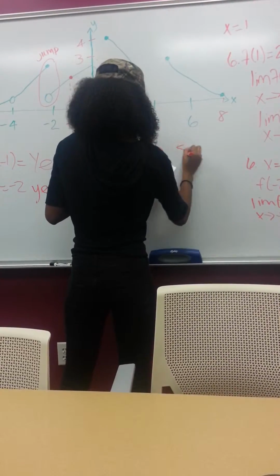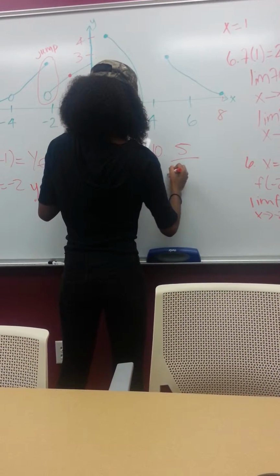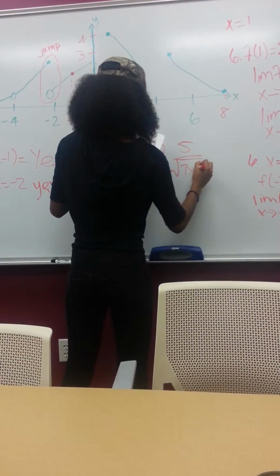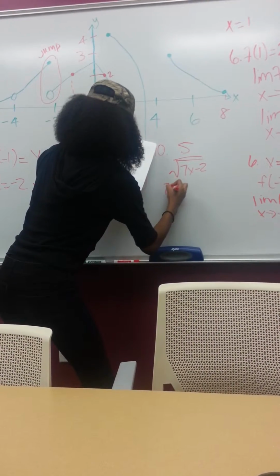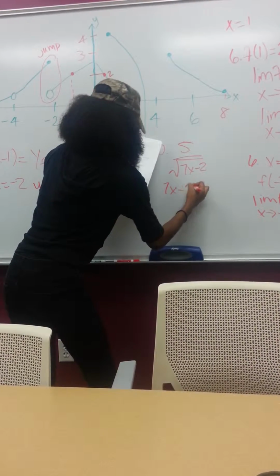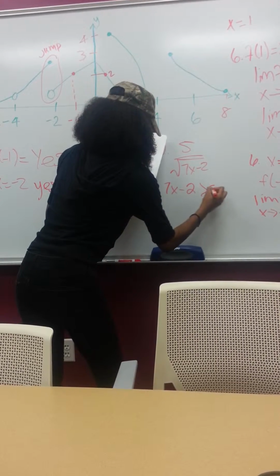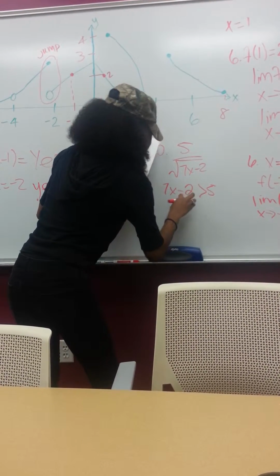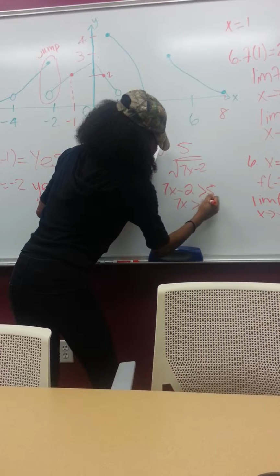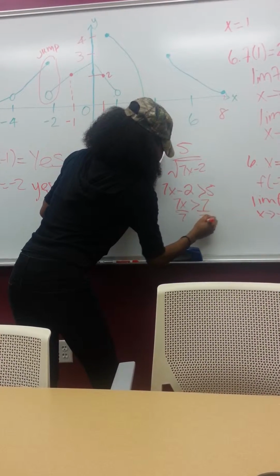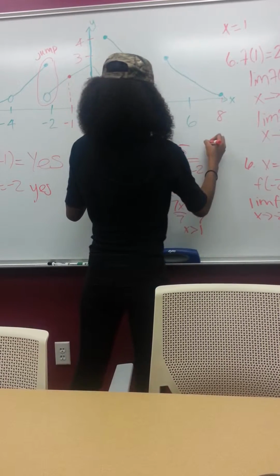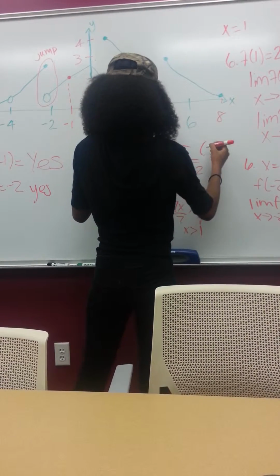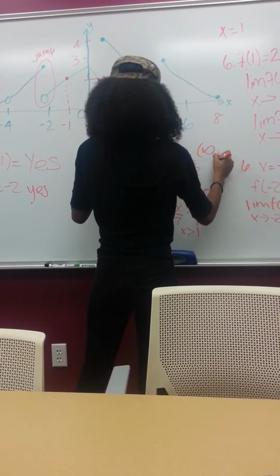And the function is 5 over the square root of 10x minus 2. And of course, you'll move this over to the side and make it positive. So yes, the function is continuous, and it's continuous at infinity.